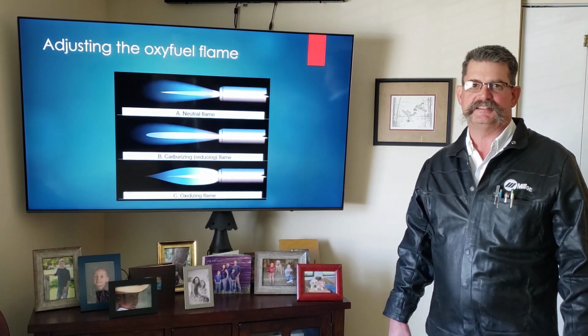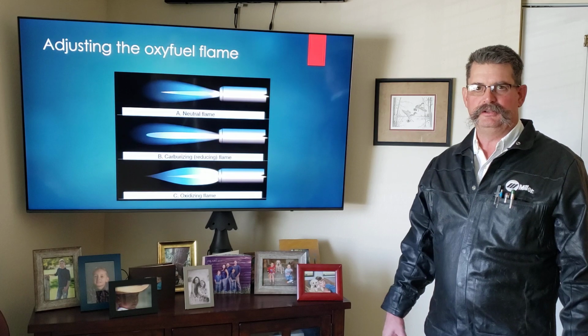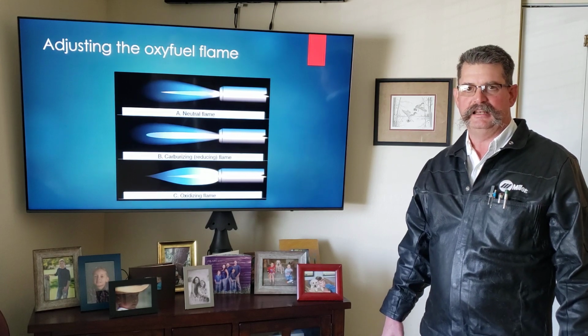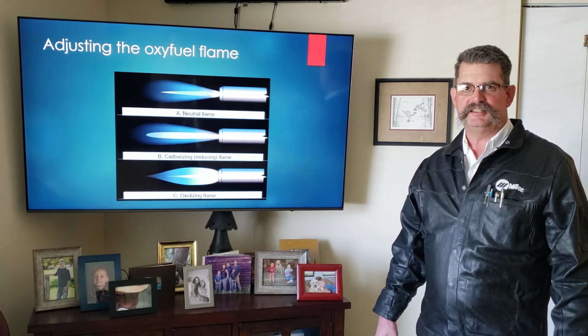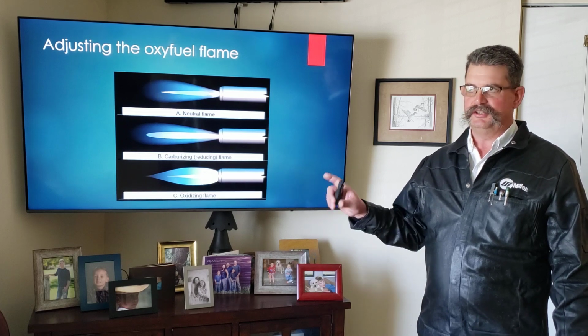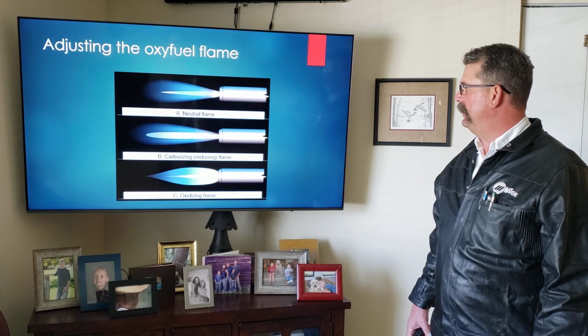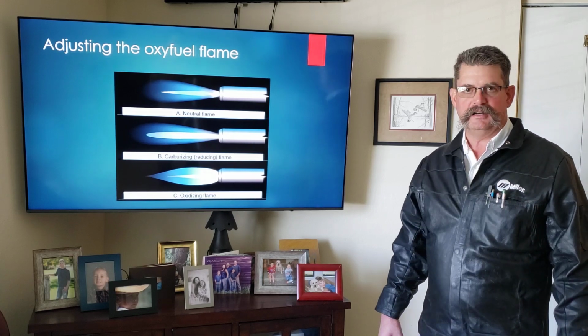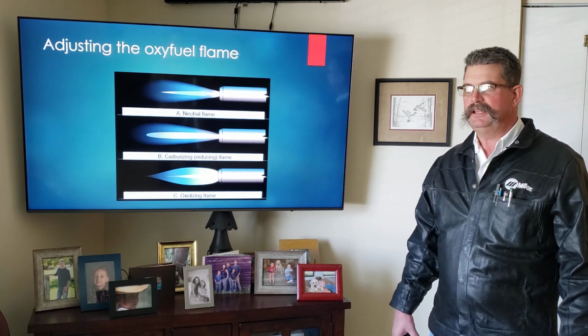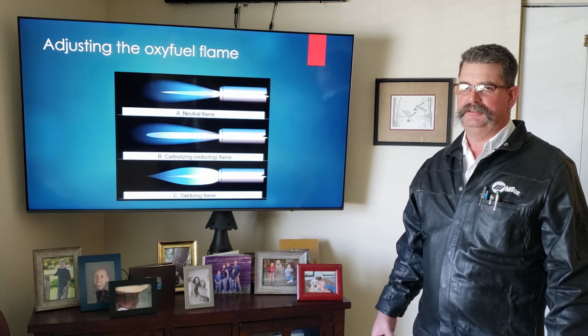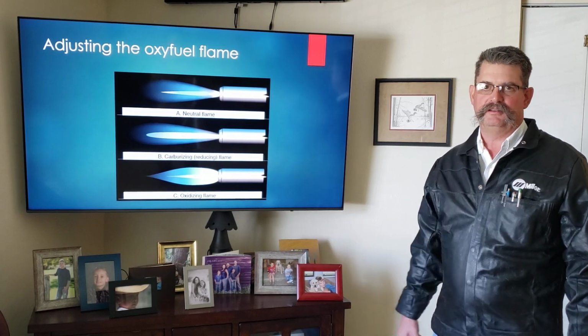You don't have a mixed gas at that point. When you light your acetylene, you want to adjust the acetylene to where soot just starts to dissipate. When you're just burning acetylene by itself, you start to add oxygen at that point, and you watch as your oxygen mixture comes into the flame.